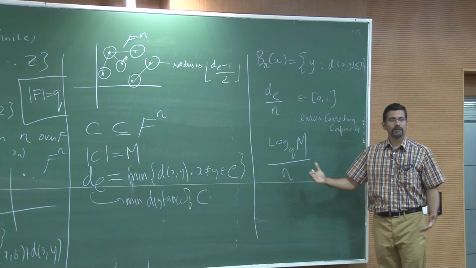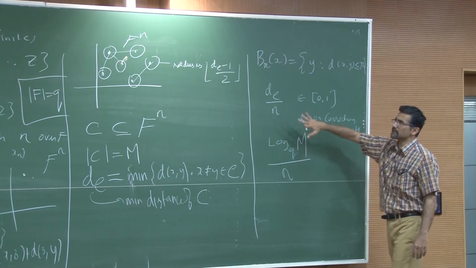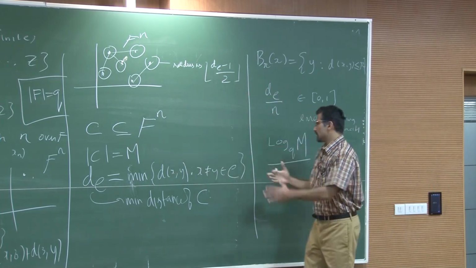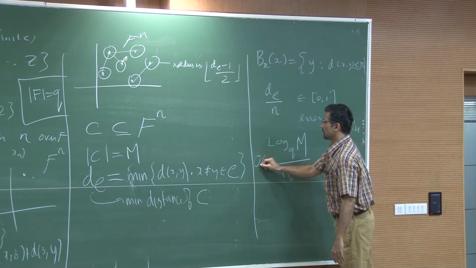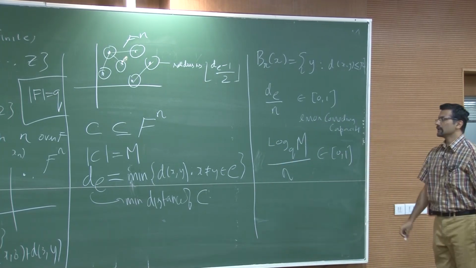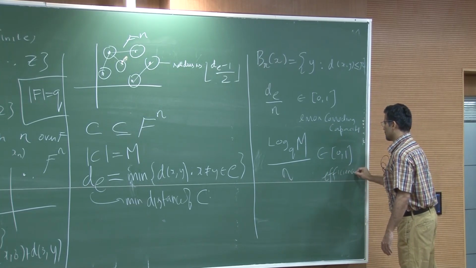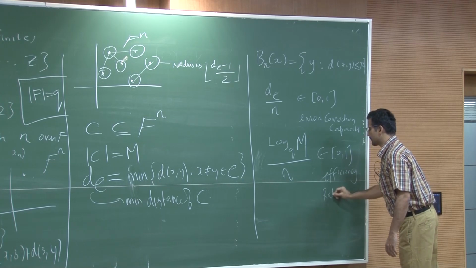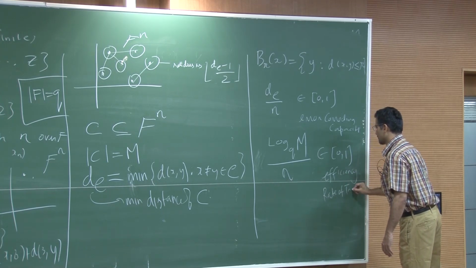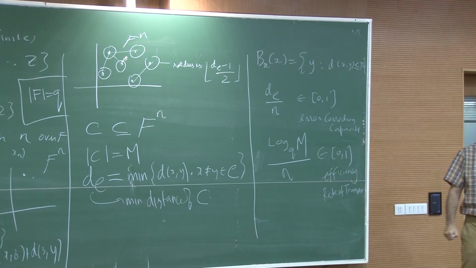N bits is what you are using to transmit. M is a subset of q to the n. So this is also a number between 0 and 1. And this is my efficiency, or rate of transmission.